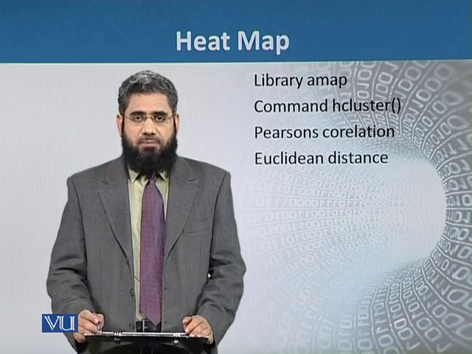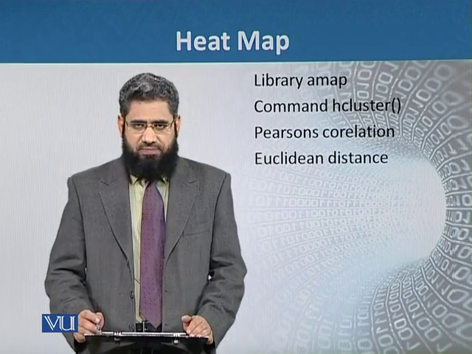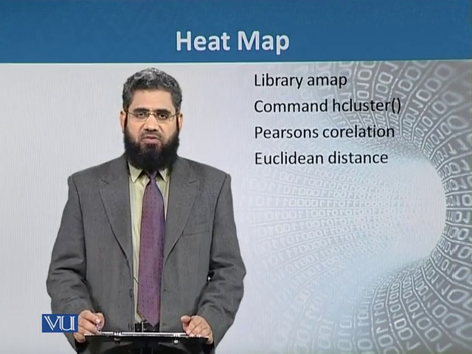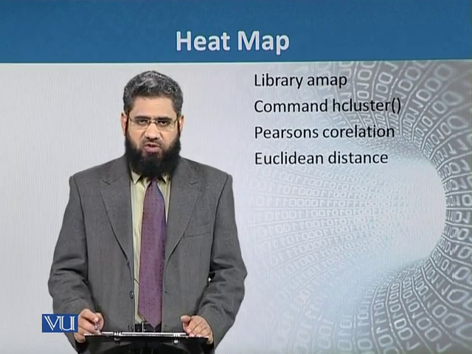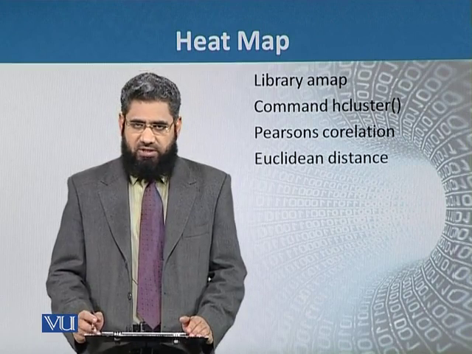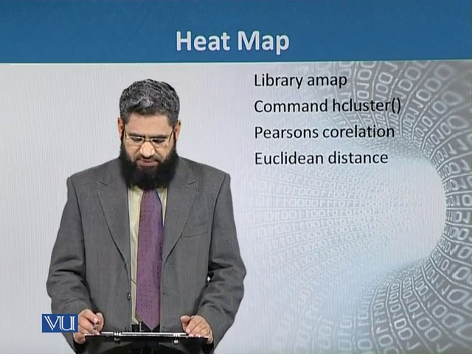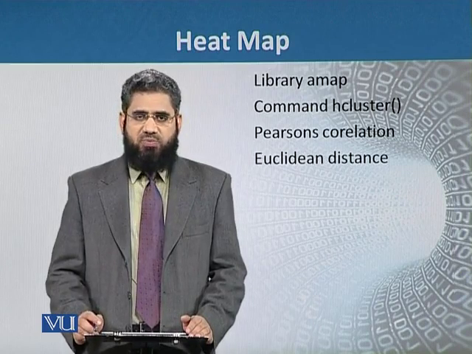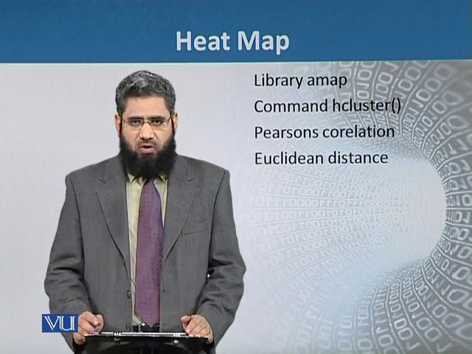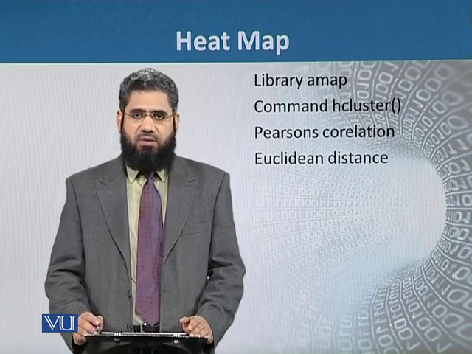If we are using Pearson correlation as the method for the calculation of the distance, then we have to use the argument Pearson correlation within the command. On the other hand, if we are using the Euclidean distance method, then we have to use the argument Euclidean in the command.